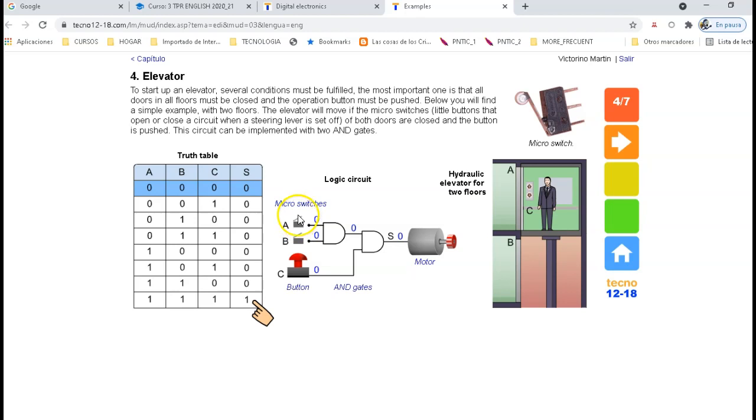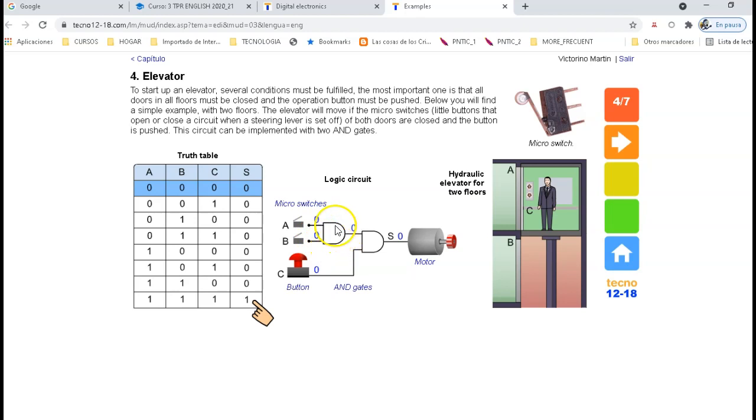Do you see here the switch open? So for having the motor working, we need to have A and B in a closed position. That is the same as one state here and one state here. This is condition number 1. So for the motor of the elevator to be working, both gates have to be in the 1 position.